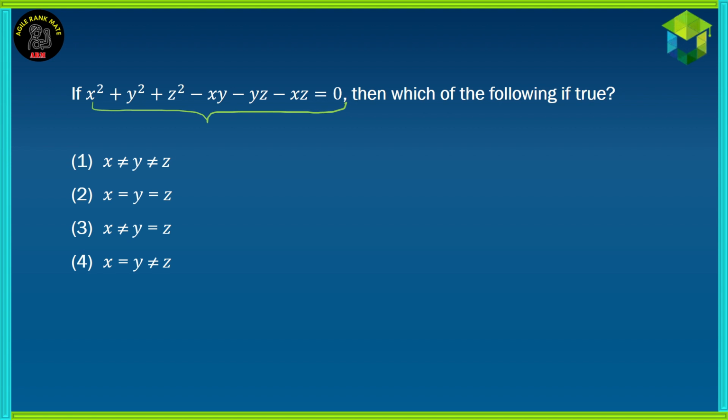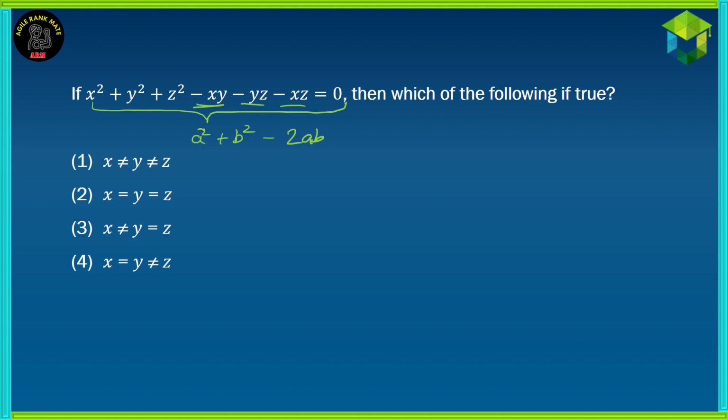Here you can see minus xy, minus yz and minus xz, so it is a combination of two variables. It looks like the equation a squared plus b squared minus 2ab. The only difference is that the 2 is not being multiplied in each of these cases.